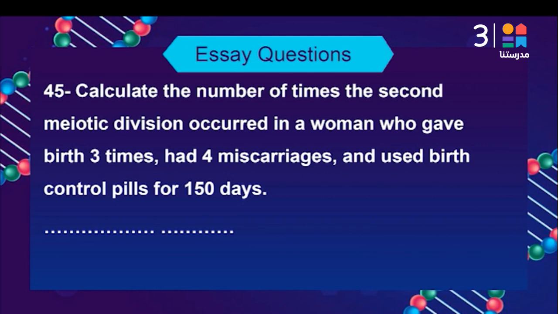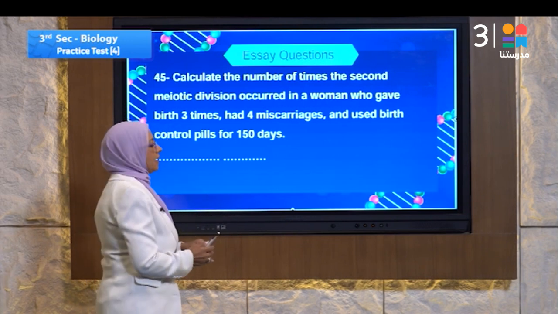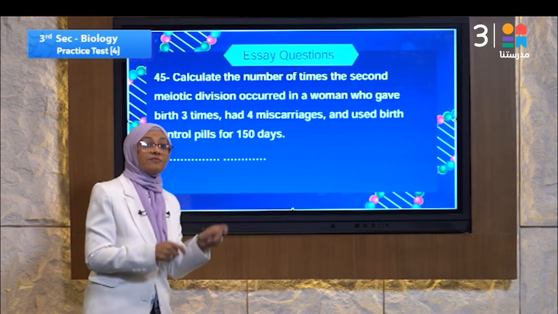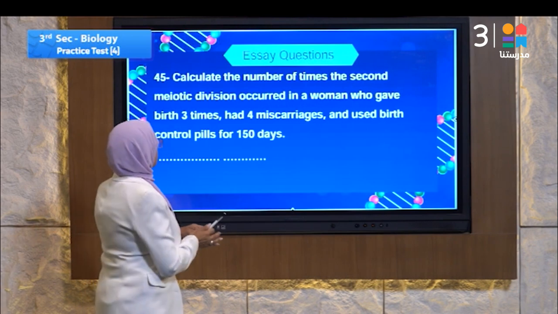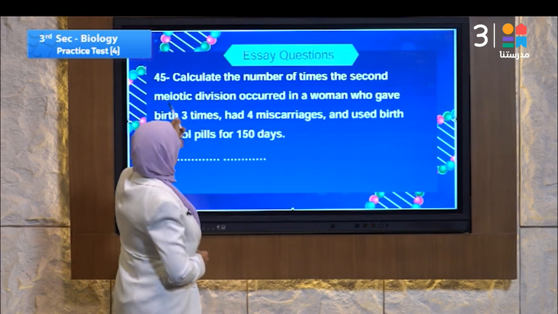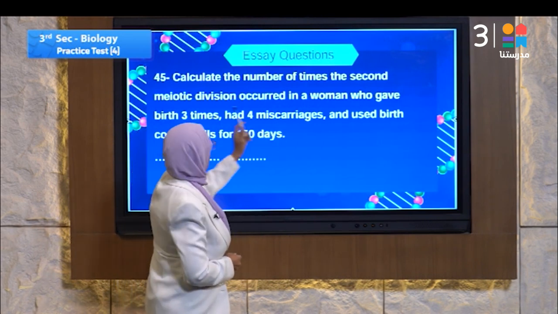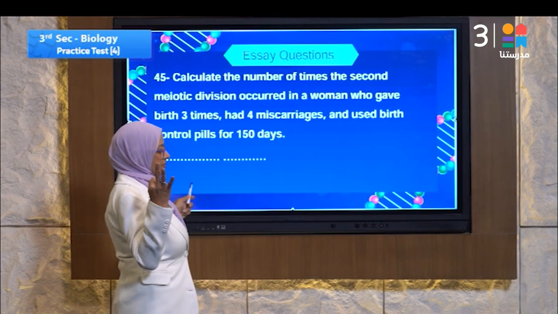Where does the second meiotic division occur? After fertilization? After or during fertilization? No, during fertilization. It must be the ovum fertilized. Let's read it again. Calculate the number of times the second meiotic division occurred in a human who gave birth 3 times.